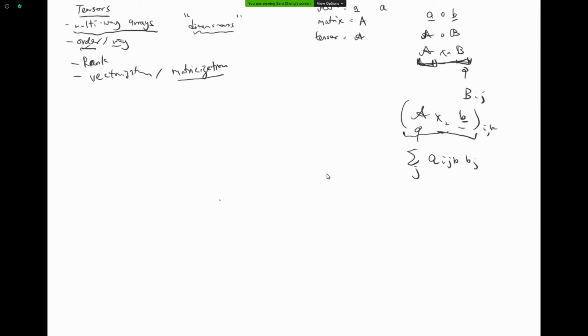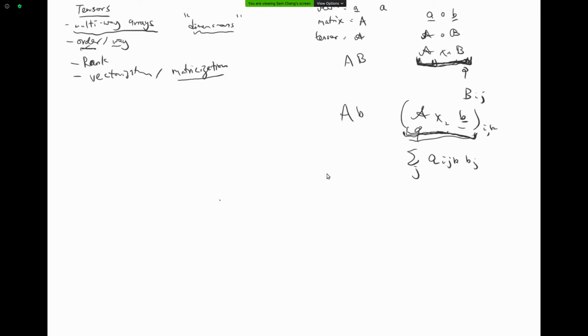You can think of the mode n multiplication with a vector as an extension of a matrix multiplied by a vector, right? And similarly, the mode n multiplication of a tensor with a matrix will be an extension of a matrix multiplied with a matrix.